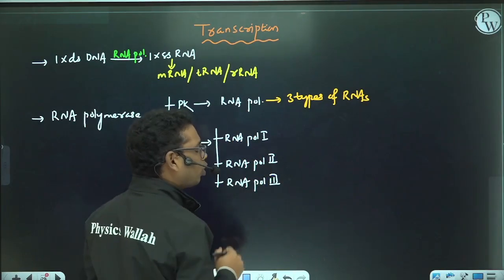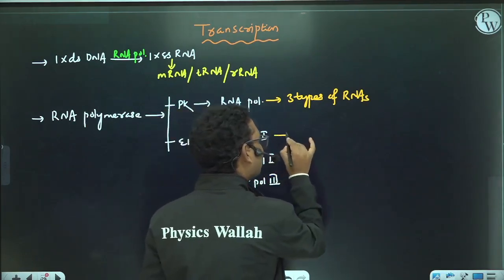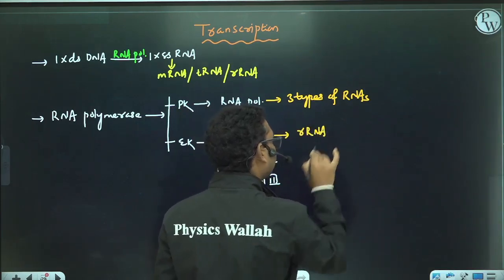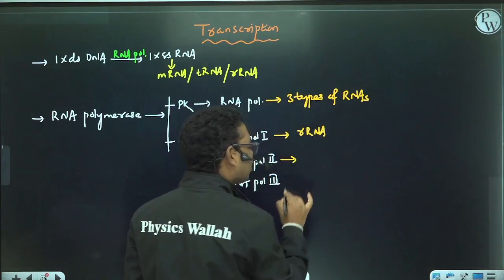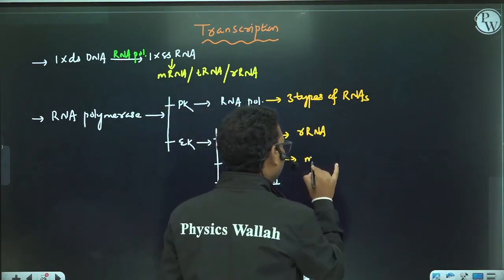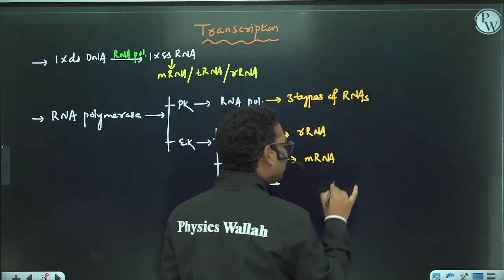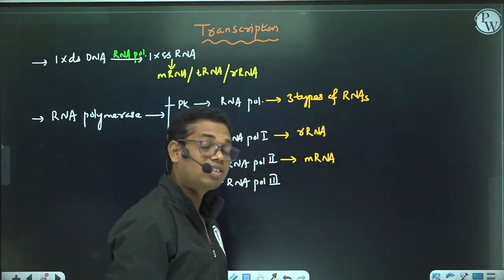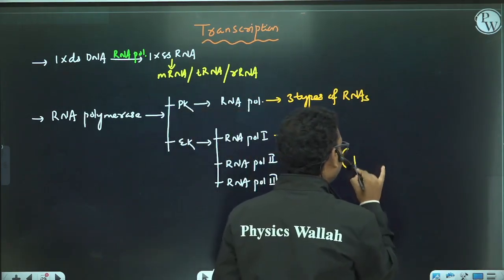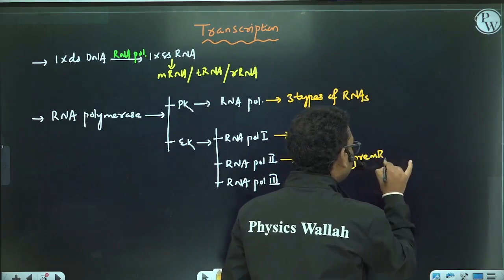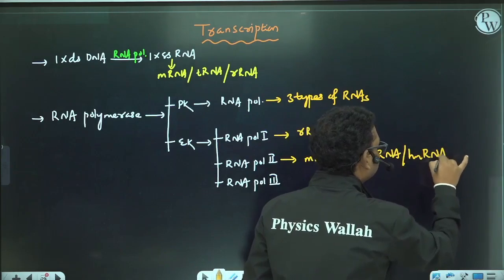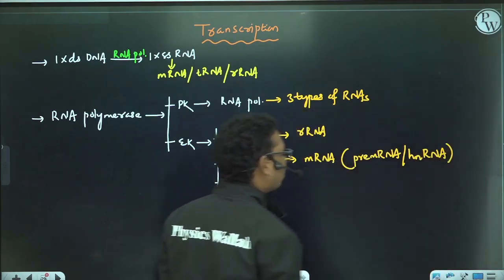RNA polymerase 1 is responsible for synthesis of ribosomal RNA. RNA polymerase 2 is responsible for synthesis of mRNA, and the mRNA synthesized is not mature mRNA; it is synthesized in the form of pre-mRNA, which is also called hnRNA, heterogeneous nuclear RNA.